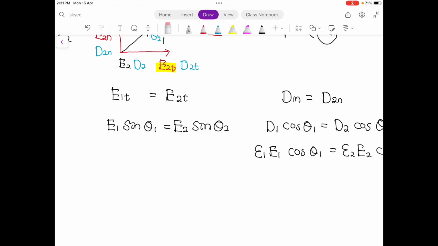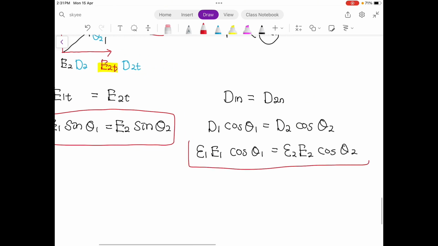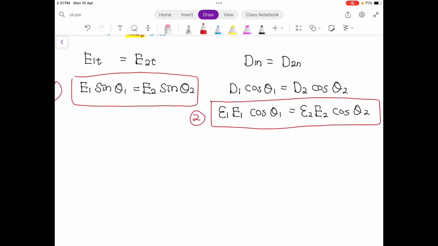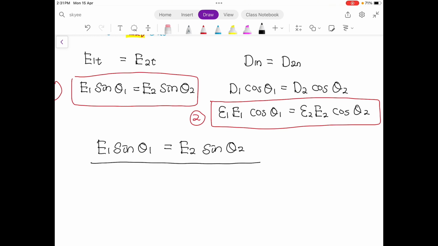Now let's divide the first equation by the second equation. What will we get?